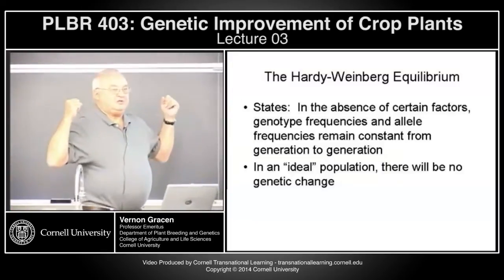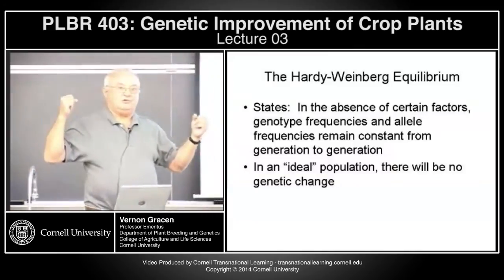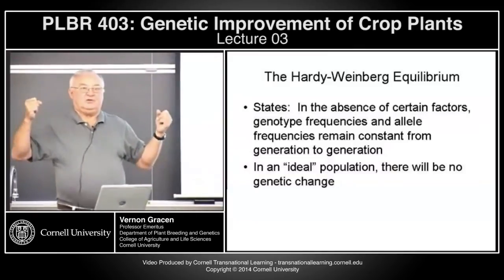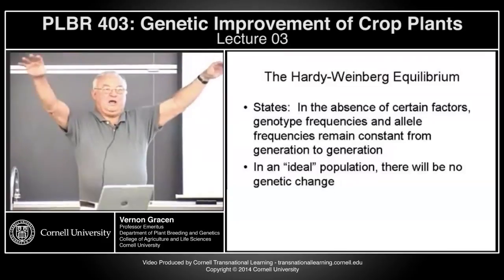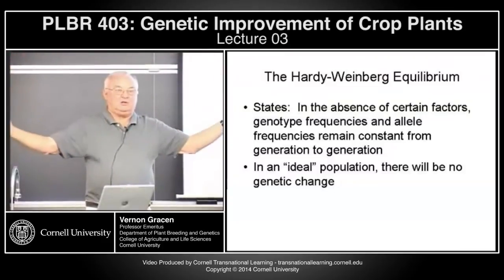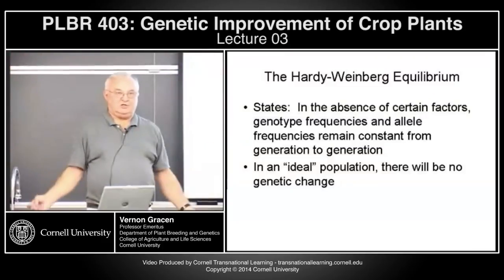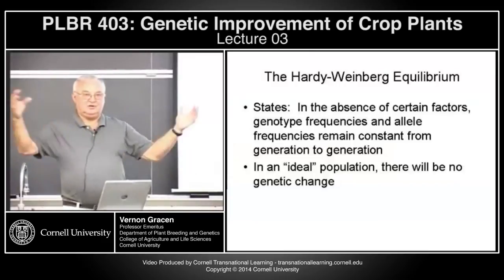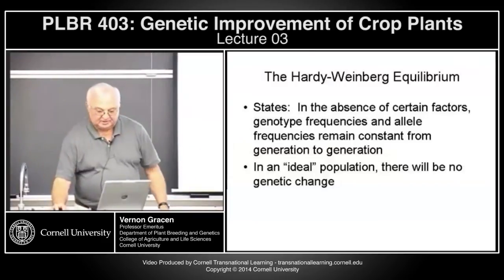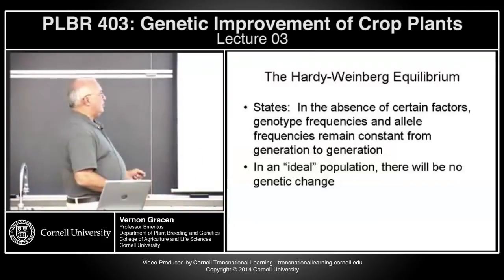So there is no variation, there is no selection. On a worldwide basis, in an ideal world, there is no genetic change. It's all sort of accumulated into an ideal population.